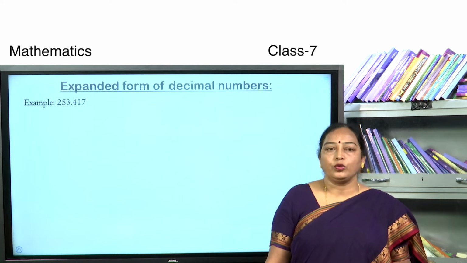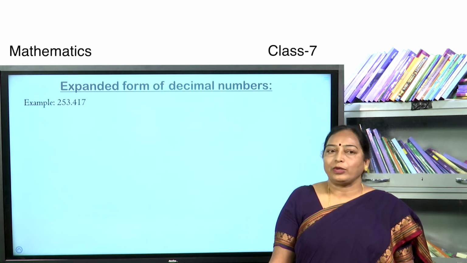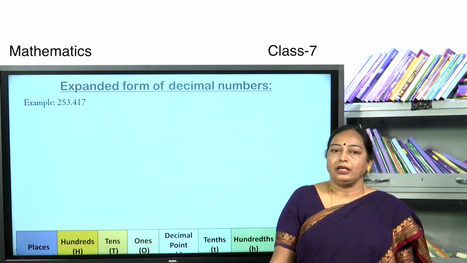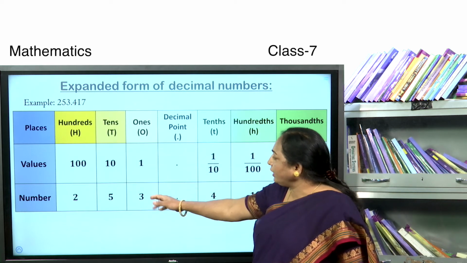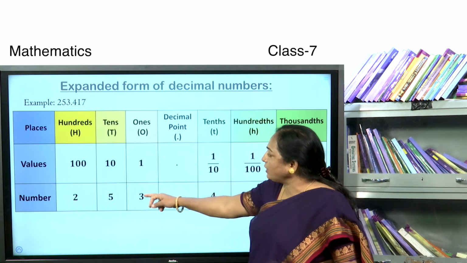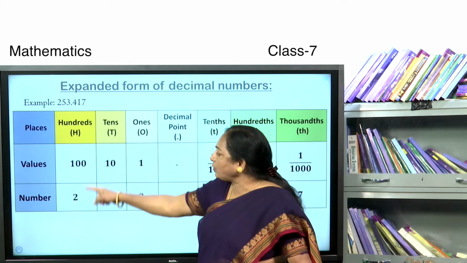For example, 253.417. We insert this decimal number in the place value chart. Here, to the left of the decimal point, 3 is at 1's place, 5 is at 10's place, 2 is at 100's place.